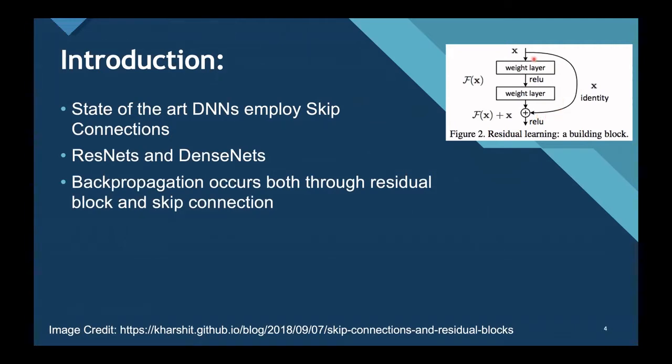It connects the input of the convolutional block directly to its output, and the backpropagation occurs both ways. It occurs through the skip connection and also through the residual block. It helps to preserve low-level filters and prevent performance degradation when we add multiple layers to the architecture.